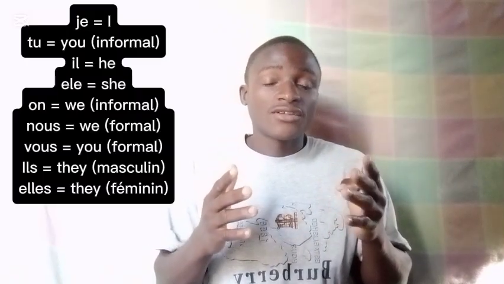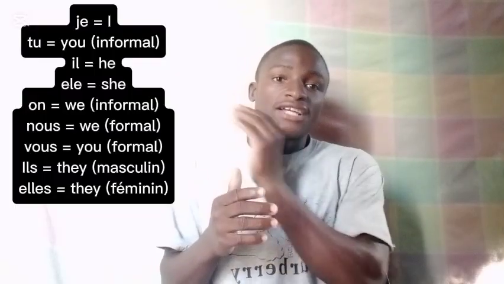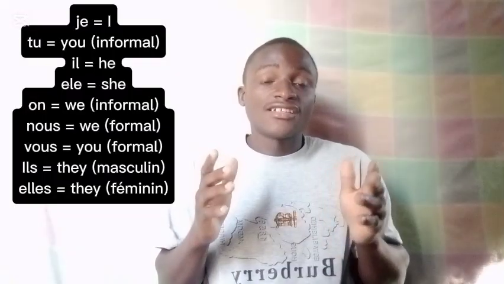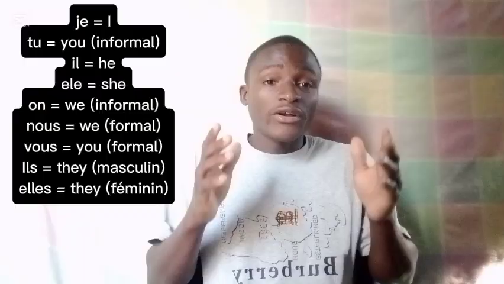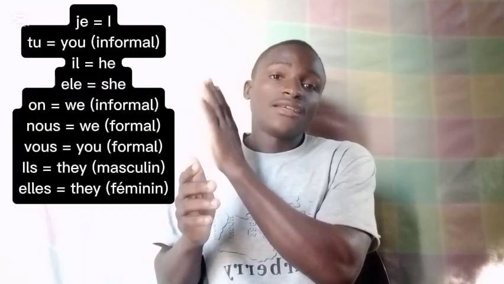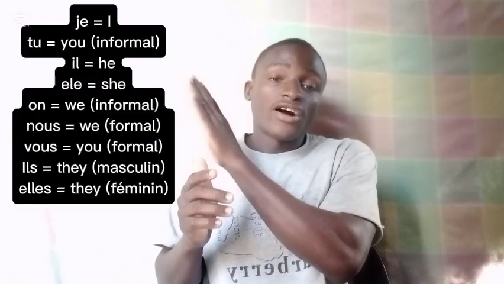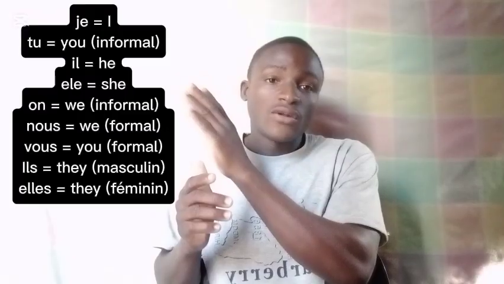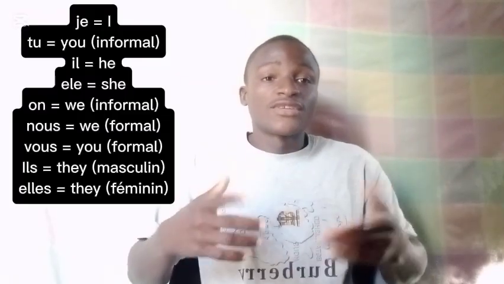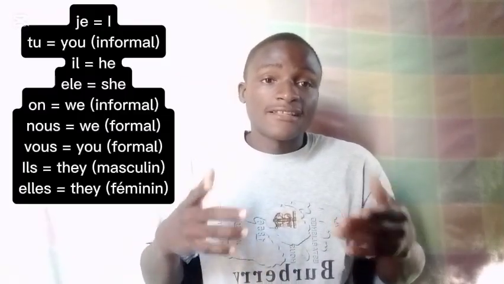So in French we have 9 subject pronouns, and I'm gonna be writing here. Everything that is useful that you need to take a note on, I'm gonna be writing here. So these are the French subject pronouns. You can repeat as I say them.